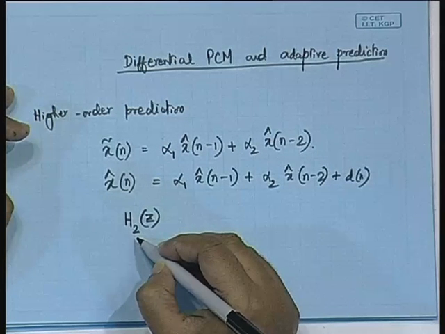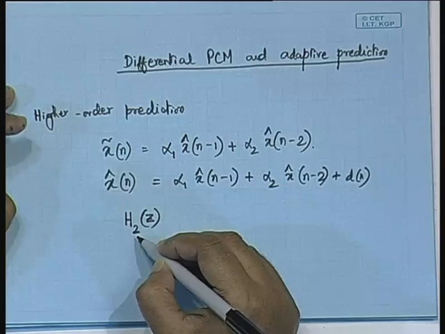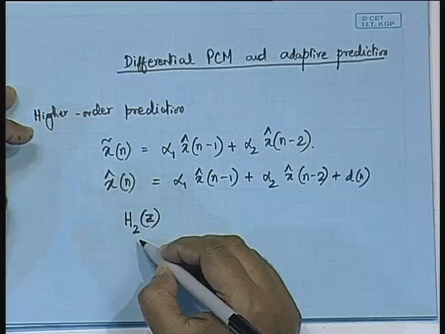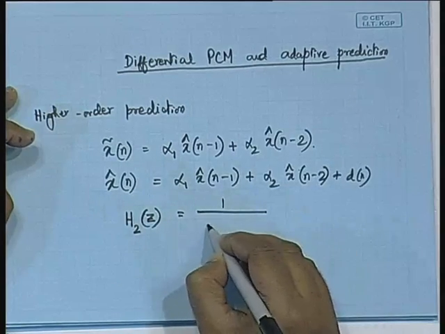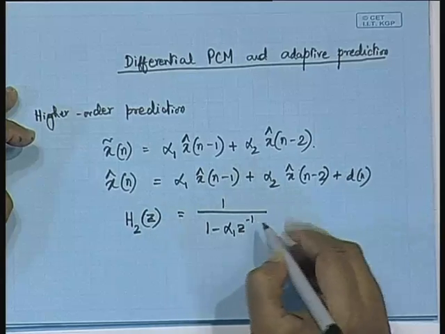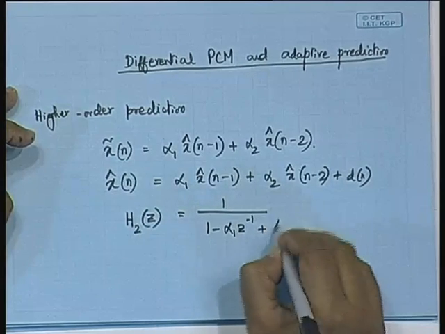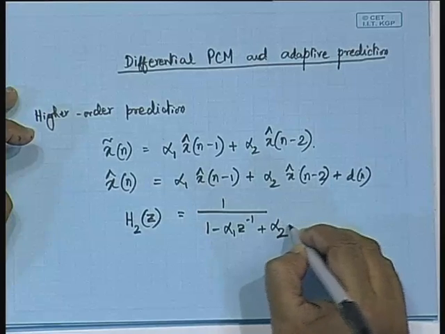If we write h1 as the first order prediction, we are going to write the second order prediction as h2. So, h2 as a function of z can now be written as 1 minus alpha 1 into z to the power minus 1 plus alpha 2 into z to the power minus 2.